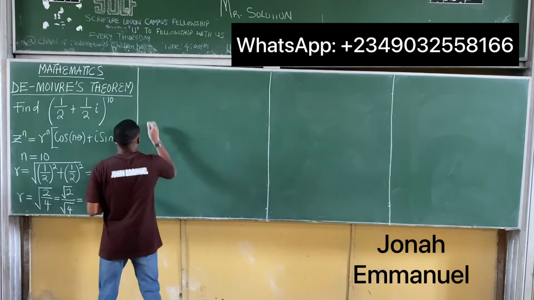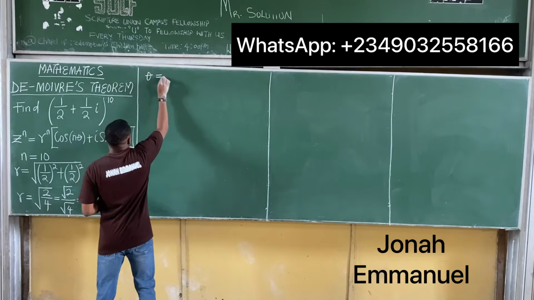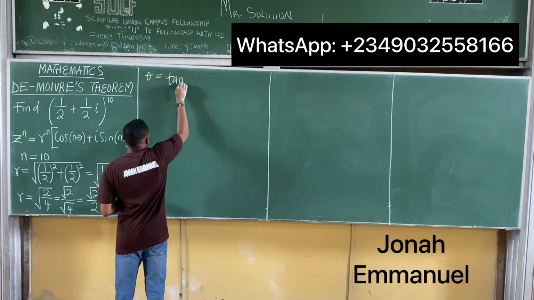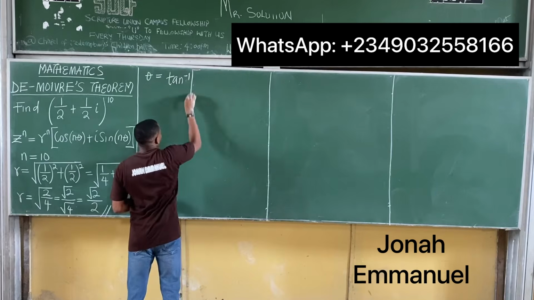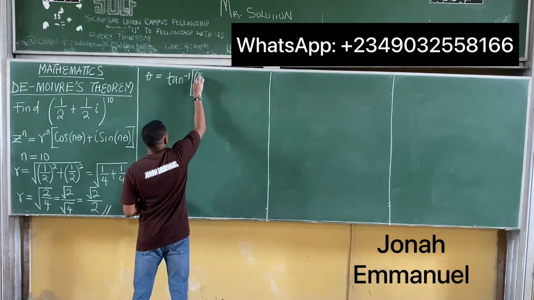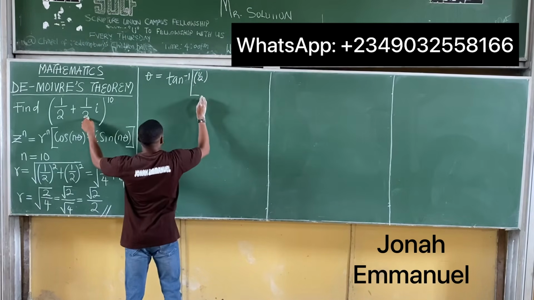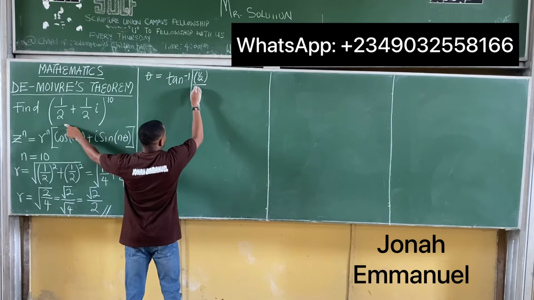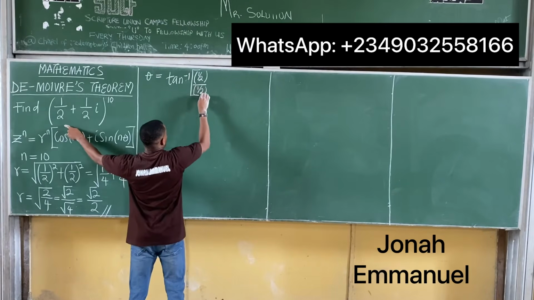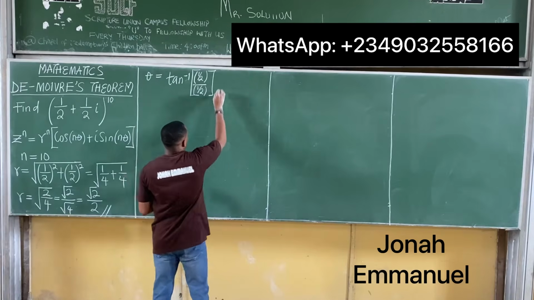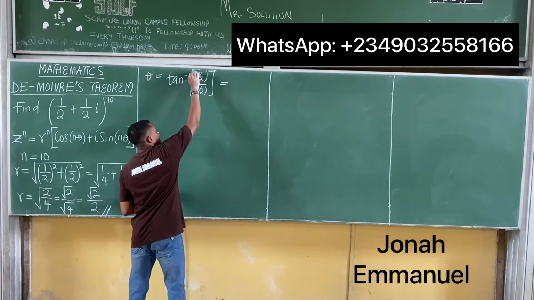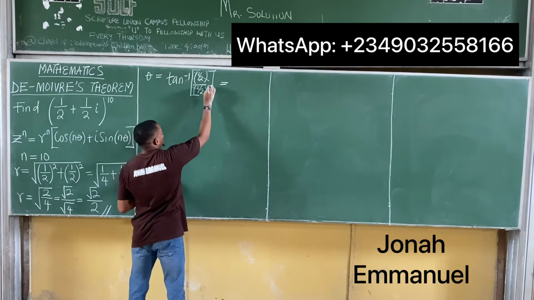Next up, let's find the angle. Theta is equal to tan inverse of b over a. Tan inverse of b, which is 1 over 2, all over a, also 1 over 2. Of course, this can cancel this, which is mathematically correct.